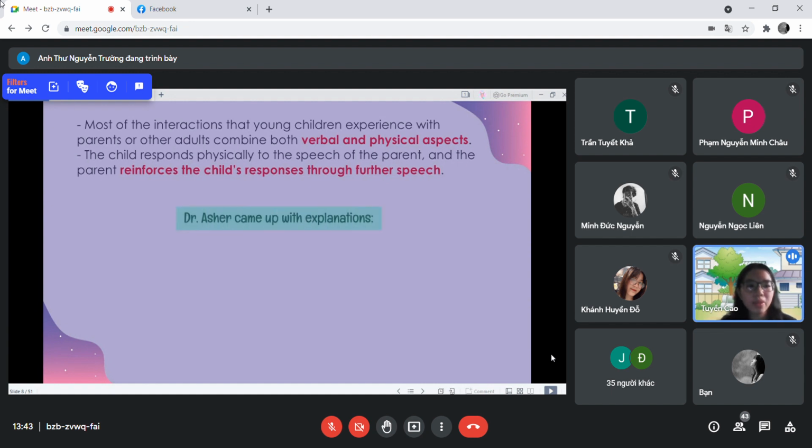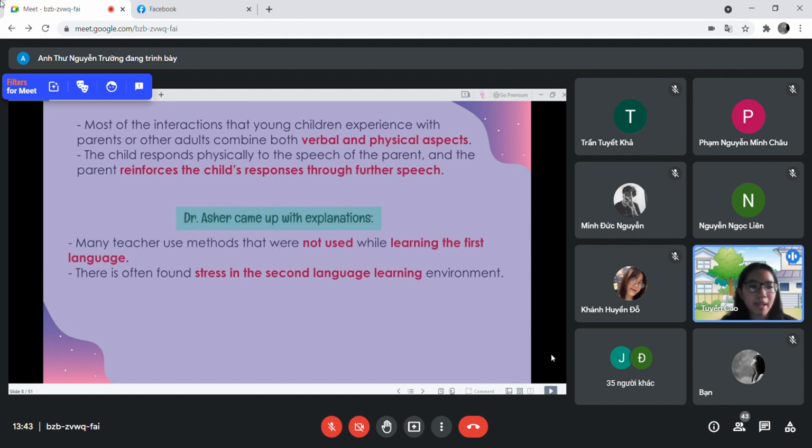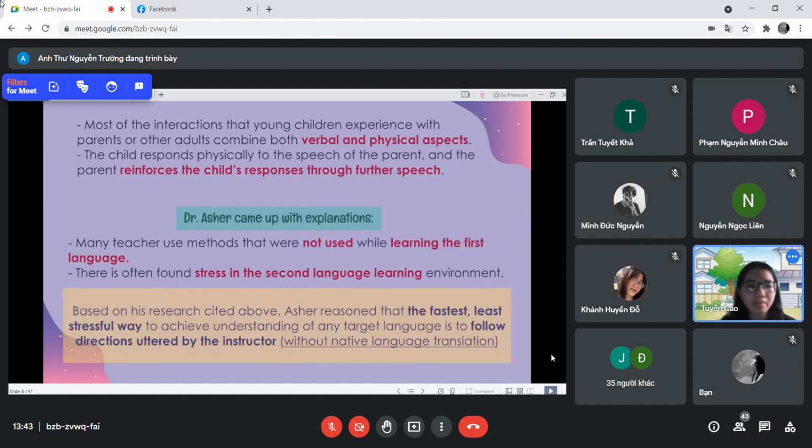From this, Dr. Asher came up with the explanation that many teachers use methods that were not used while learning the first language, and there is often stress in the second language learning environment. Therefore, based on his research cited above, Asher reasoned that the fastest, least stressful way to achieve understanding of any target language is to follow directions uttered by the instructor, and of course with native language translation.